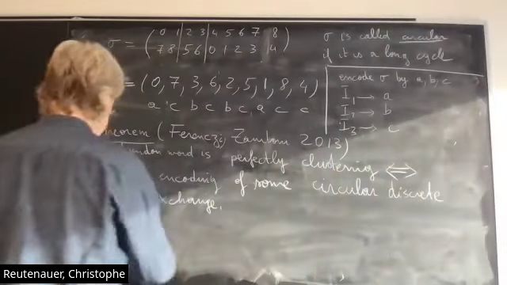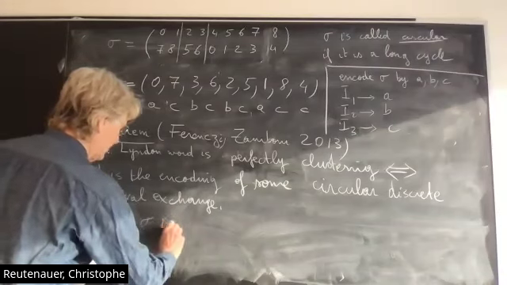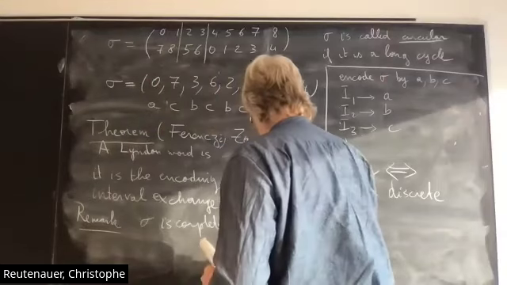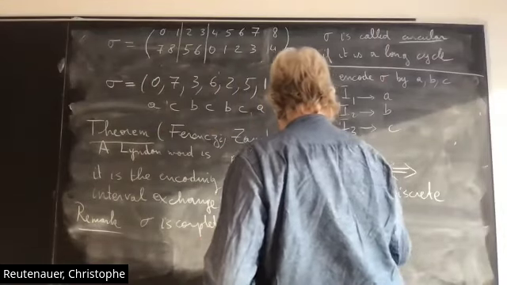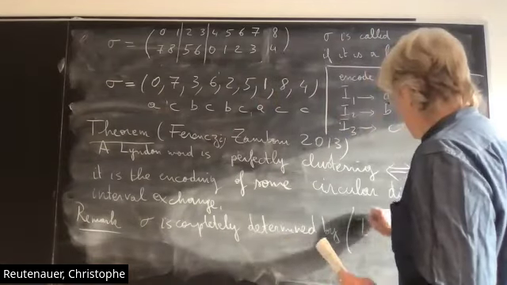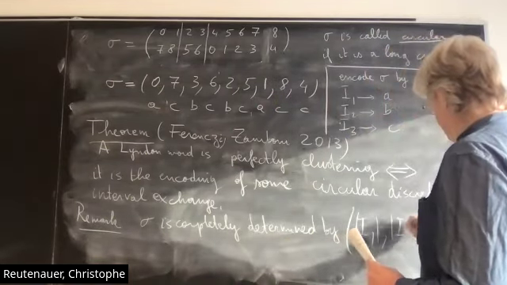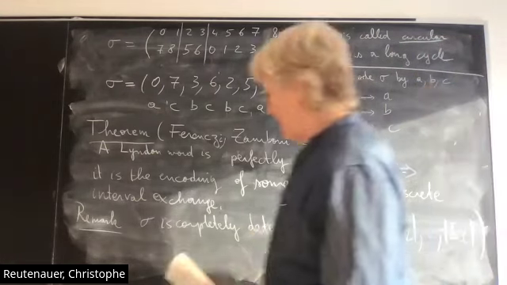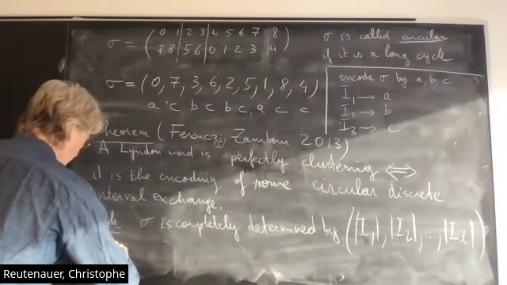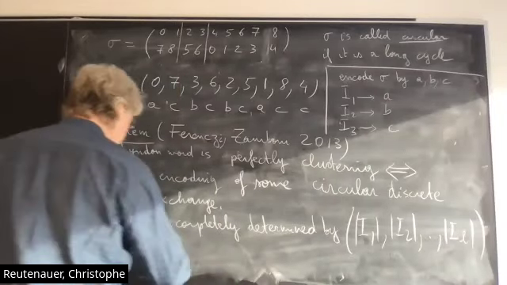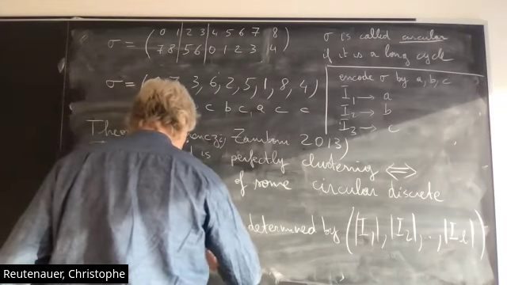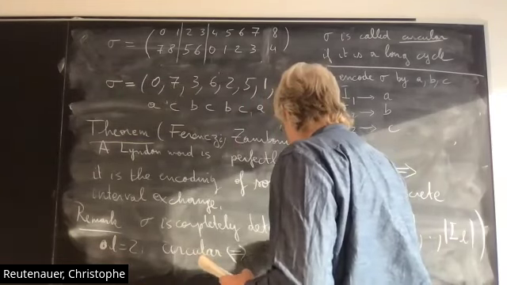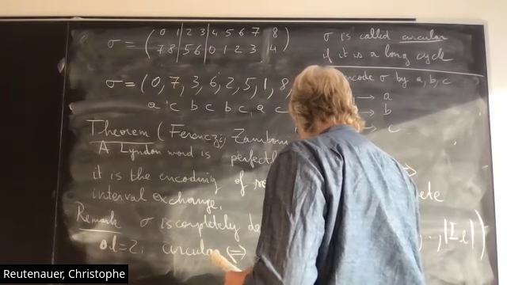This is known as sigma. Sigma is completely determined by the composition, cardinality of E1, cardinality of E2, and cardinality of EL. But when L equals 2, it is circular if and only if the two numbers are relatively prime.